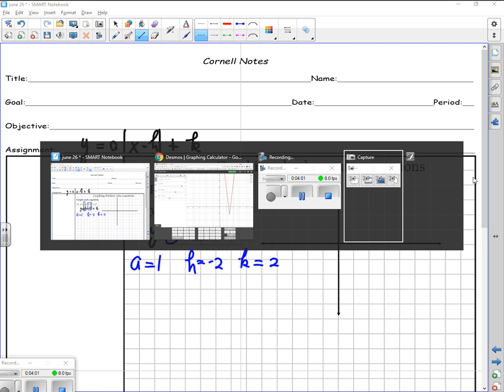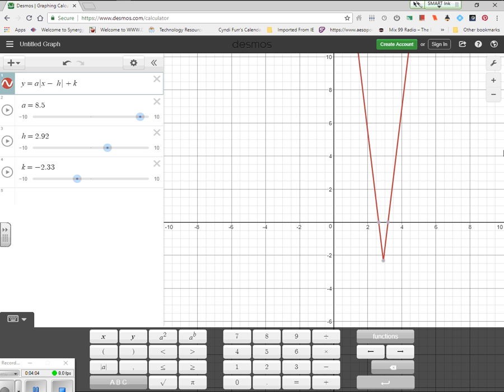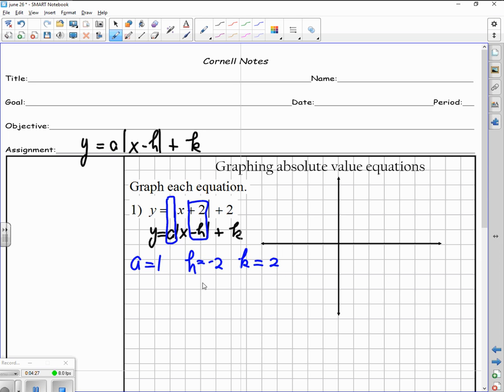Like on this graph right here, the h value is about 2 point something, 2.92, and my k value is about negative 2.3. When you do the graph, I'm going to find the point h, k. So my h is negative 2, and my k value is 2.